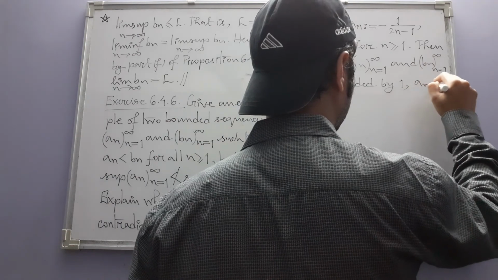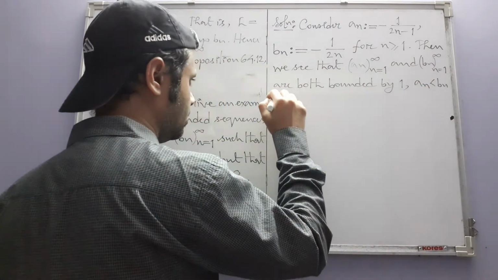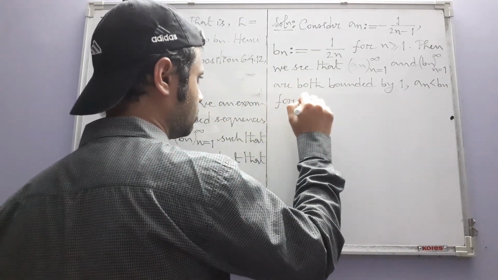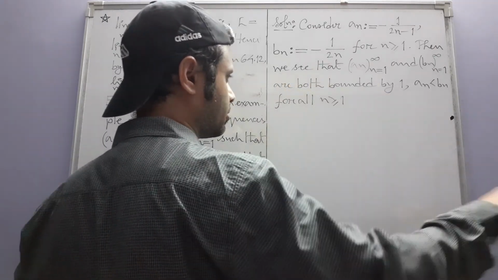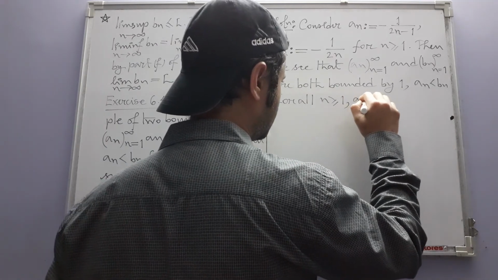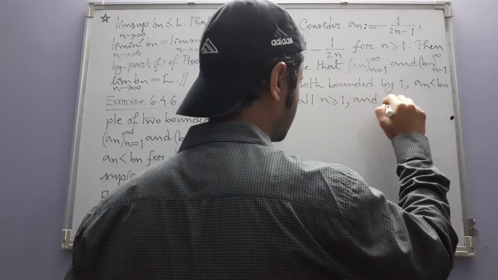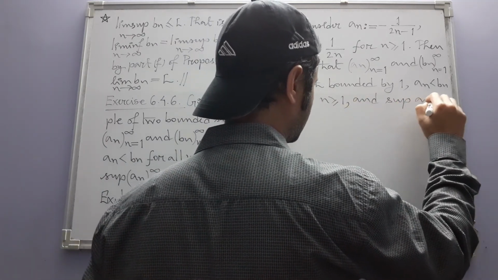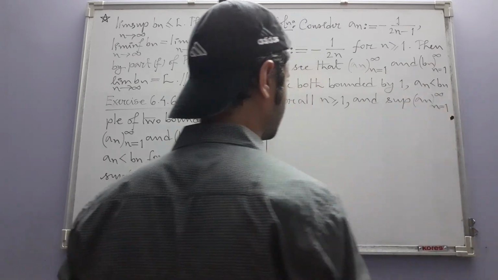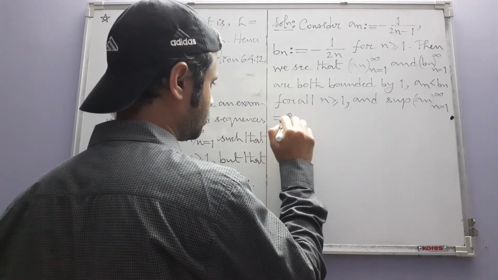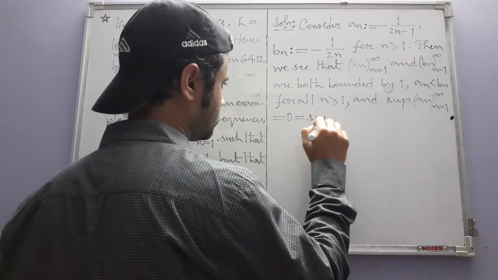An is strictly less than Bn for all n greater than or equal to 1, and this.